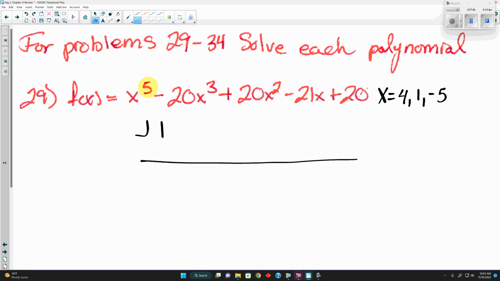So we have 1 for x to the 5th, 0 for x to the 4th, -20 for x cubed, 20 for x squared, -21 and 20. Which one do you want to use first? 4. Because we just need to pick one and use it.